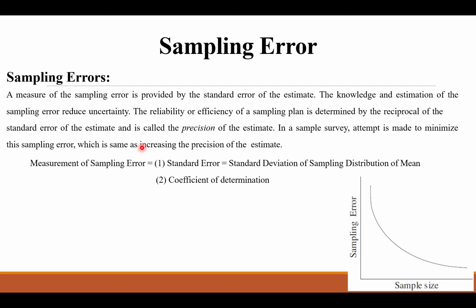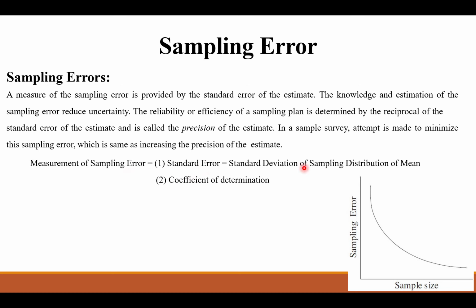In a sample survey, an attempt is made to minimize this sampling error, which is the same as increasing the precision of the estimate. In the diagram, we can clearly see that as the sample size increases, the sampling error goes on declining. So graphically we will get a downward sloping curve.